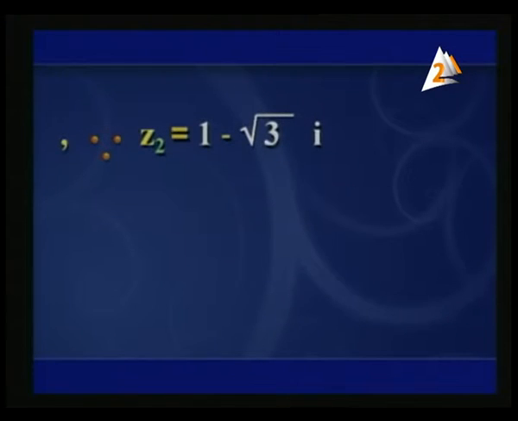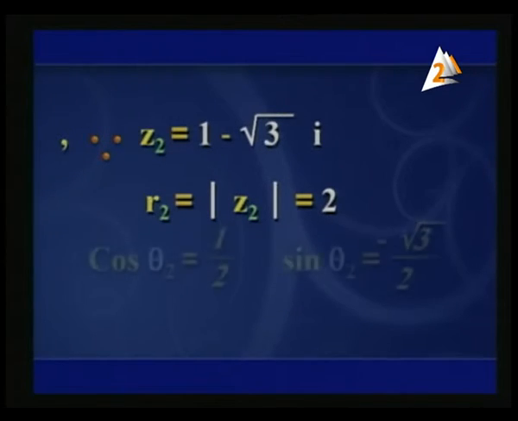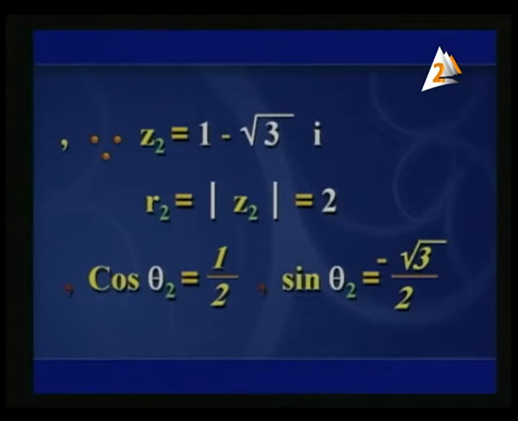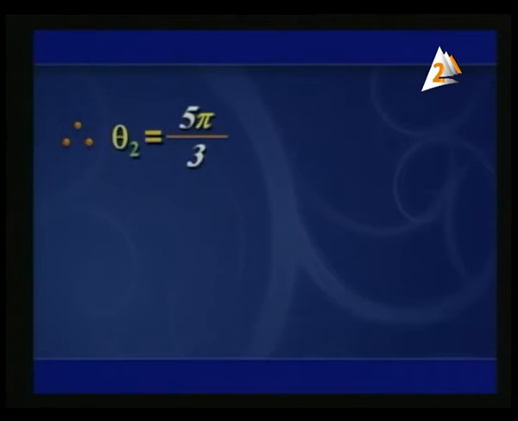Now, with z2, since z2 equals 1 minus root 3 i, therefore r2 equals norm of z2 equals 2 and cosine theta 2 equals half and sine theta 2 equals negative root 3 over 2. Therefore, theta 2 equals 5 pi over 3.